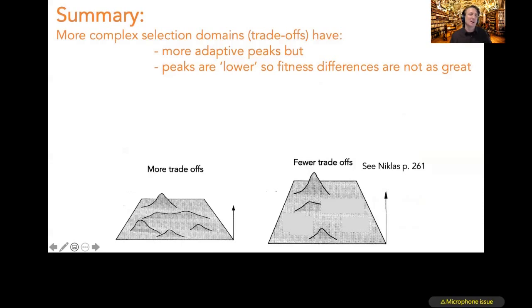So to summarize, the more complex selection domains that we have, the more trade-offs we have, right? As land plant evolution has proceeded, the more adaptive peaks we've had, but also the lower these adaptive peaks.